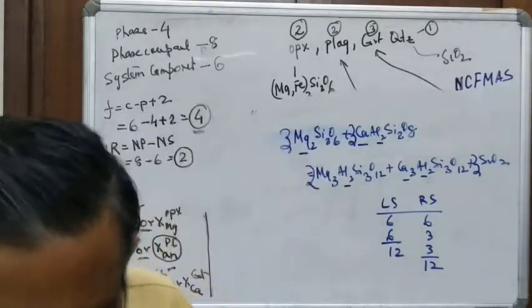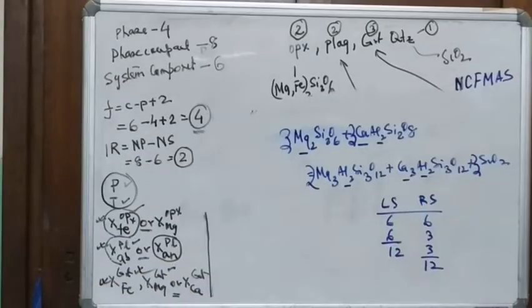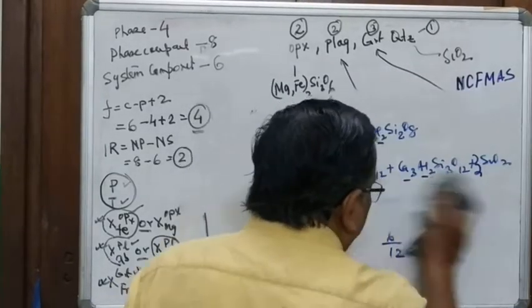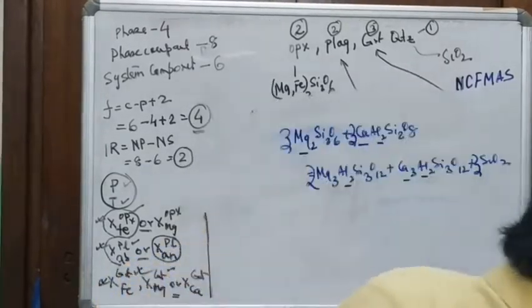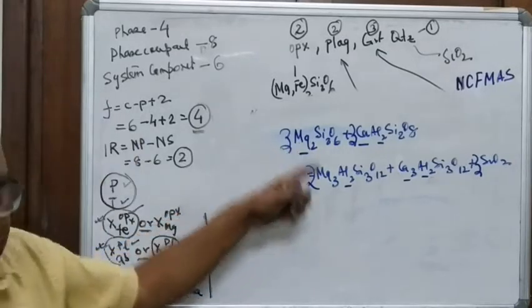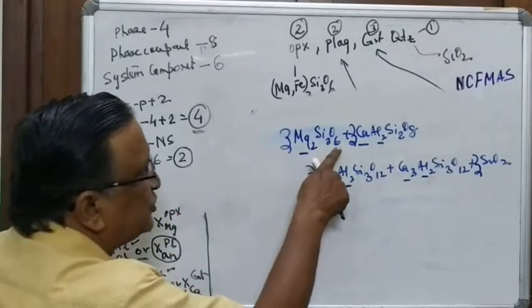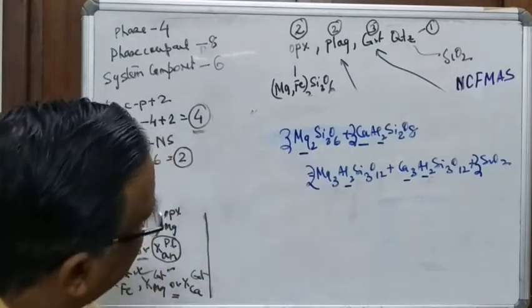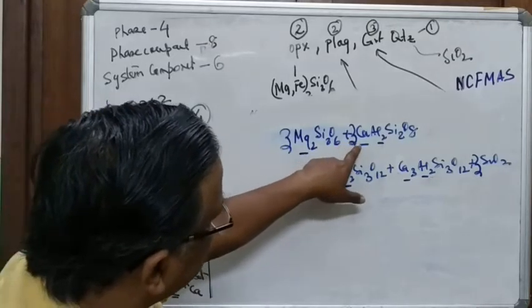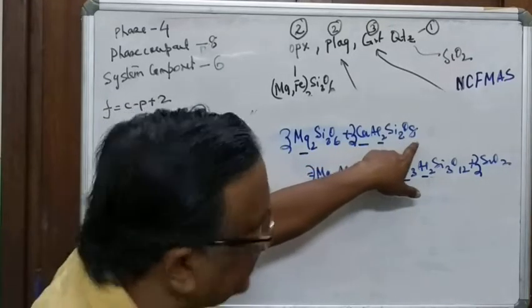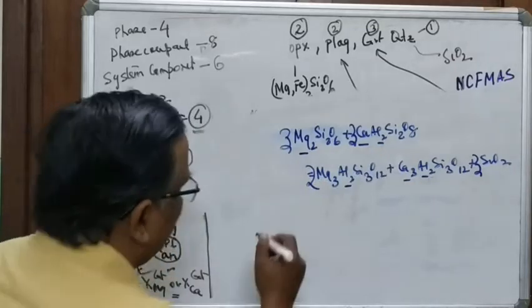And then, for example, you can look at the oxygen values. 3 into 6 is 18 oxygen plus 3 into 8 is 24 oxygen. Let me write it.